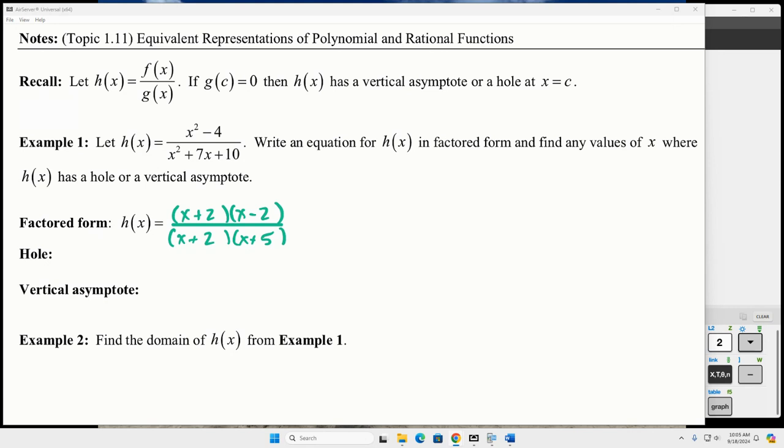And factored form is helpful whenever you need to find holes and vertical asymptotes of the function and zeros.